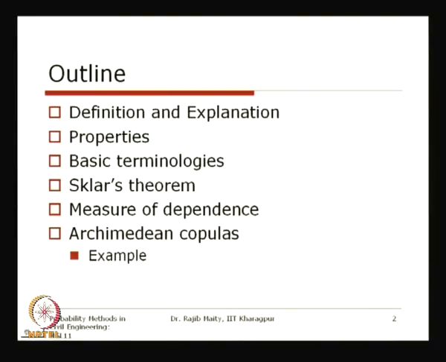Some of the basic terminologies we have to discuss, and while discussing them we will try to relate them to their one dimensional counterparts, because most of the theories we have discussed are for the one dimensional cases. Similar to the earlier lectures, we will first discuss the two dimensional case, that is, two random variables involved, and later we will show how these things can be extended to more than two random variables.